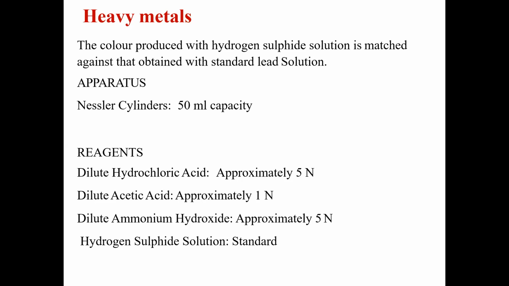We all know this with the help of the limit test, which you have learned in first year in organic chemistry. There are 2 necessary Nessler cylinders, one for the test and one for the standard. Then the reagents: HCl, acetic acid, ammonium hydroxide, and hydrogen sulfide solution.